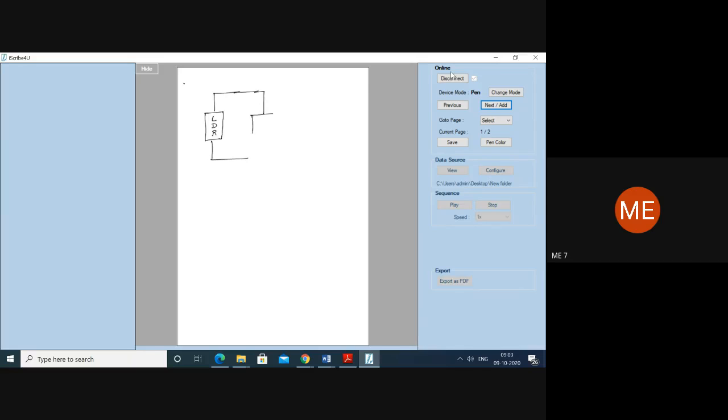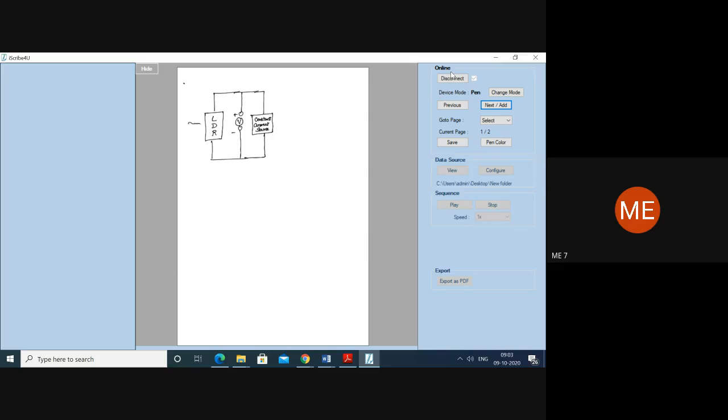One is I will place a constant current source. Now what is the varying parameter here? I have placed the constant current source, so the varying parameter is going to be the voltage. So positive, negative, we have the voltage.